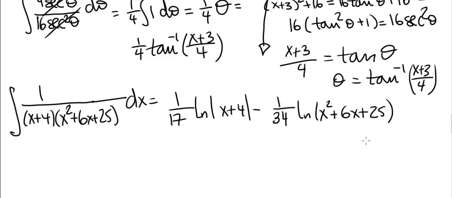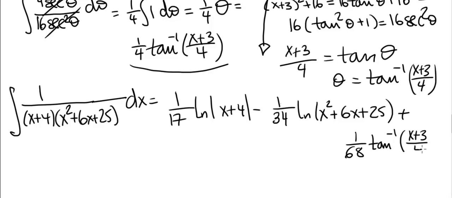And then we had plus 1/17 times this integral, 1/4. 1/17 times 1/4 is 1/68 times the inverse tangent of (x plus 3) divided by 4. And now we can add a constant of integration at the very end.